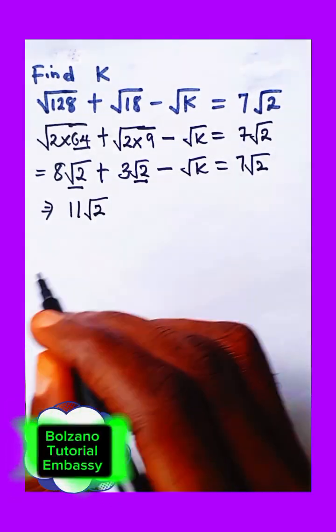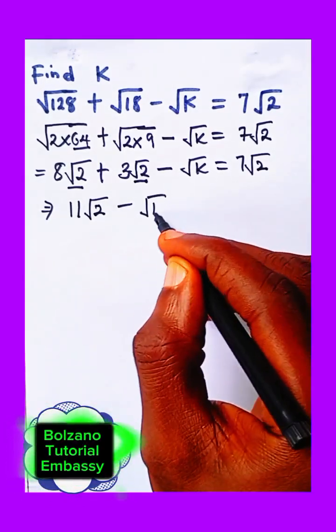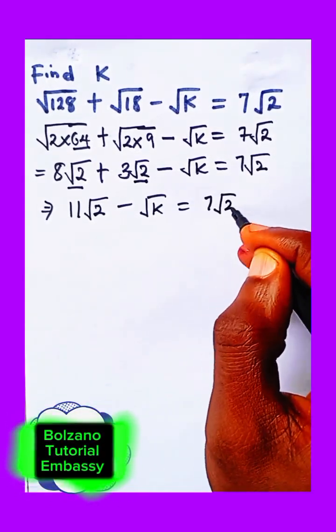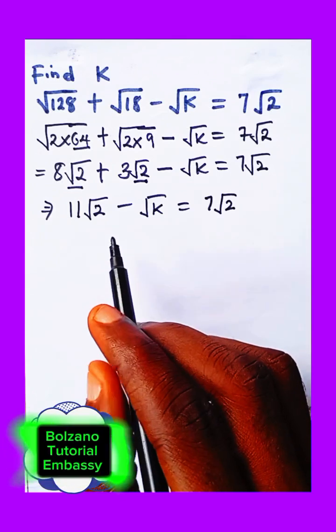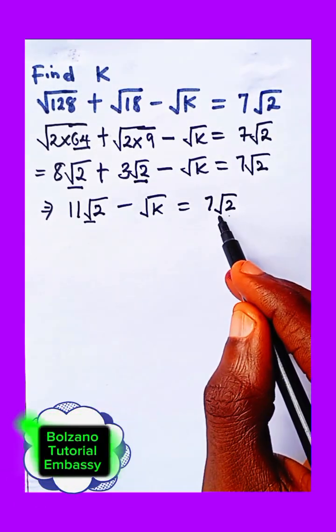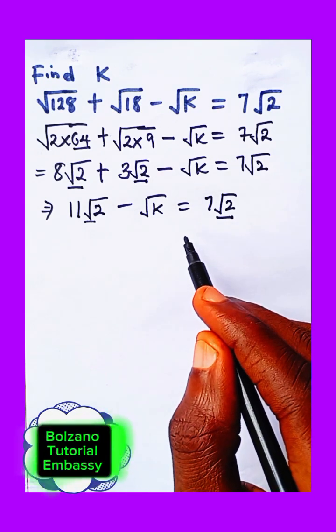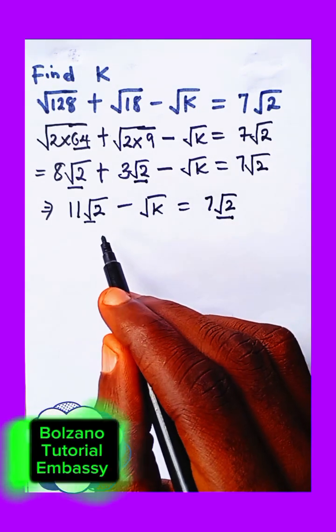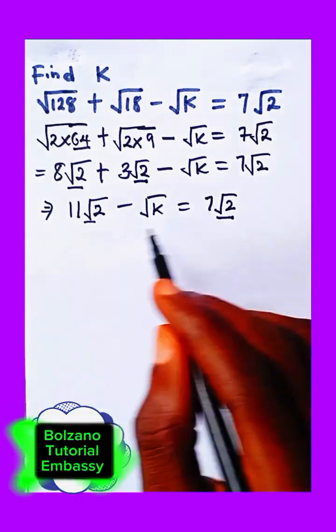They have a common root: 11 root 2 minus root k equals 7 root 2. From here we can see that this term and this other term are common, so we can bring them together because they are like.